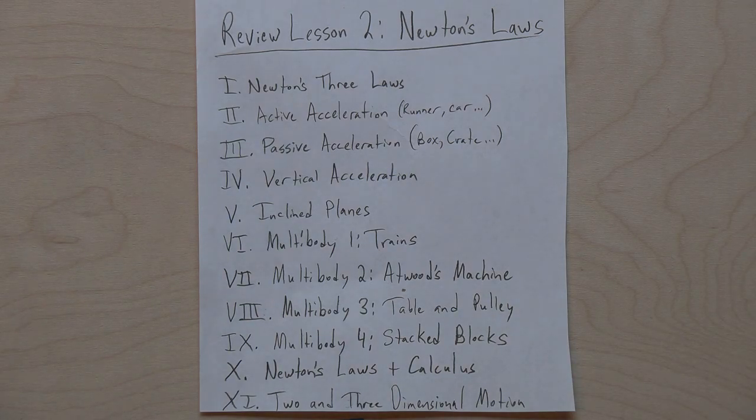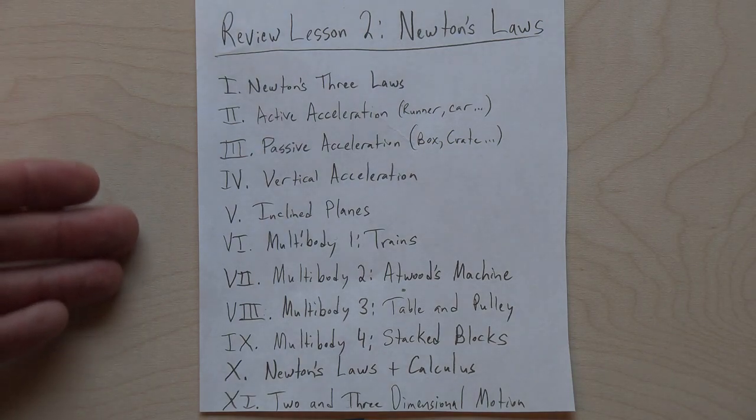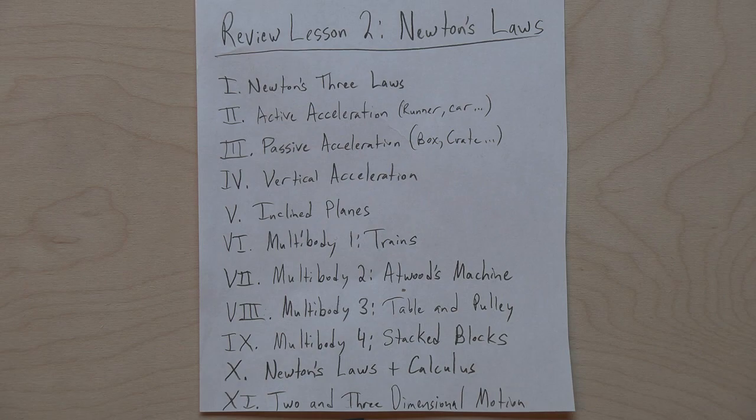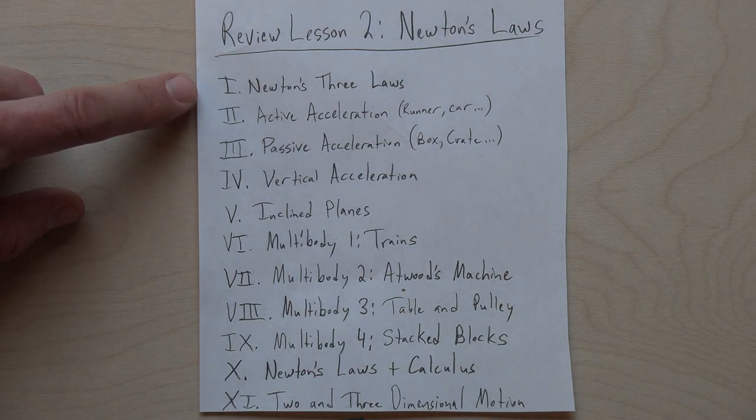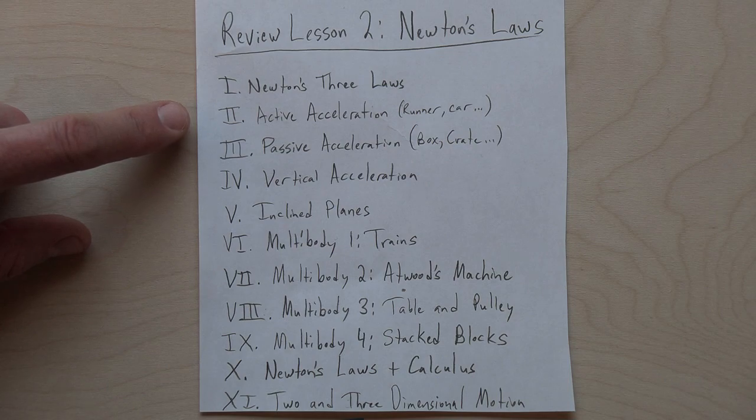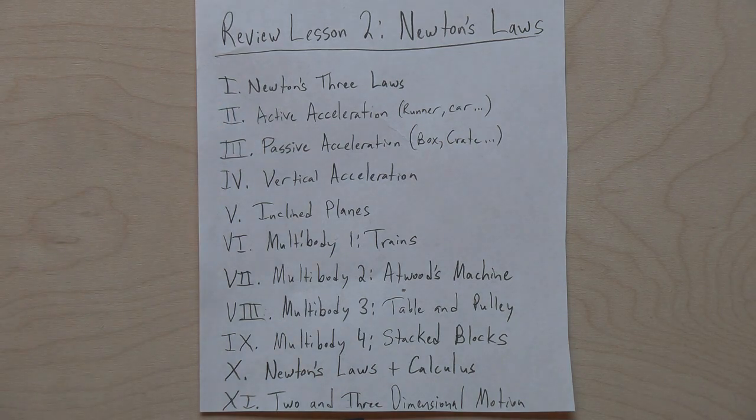You can also see that today the review is going to be pretty long. We have a lot of things to review, a lot of concepts, a lot of different kinds of problems, different techniques for Newton's laws. So we're going to first review Newton's three laws. Then we're going to learn about active accelerations, like when a runner starts accelerating forward, picking up speed.